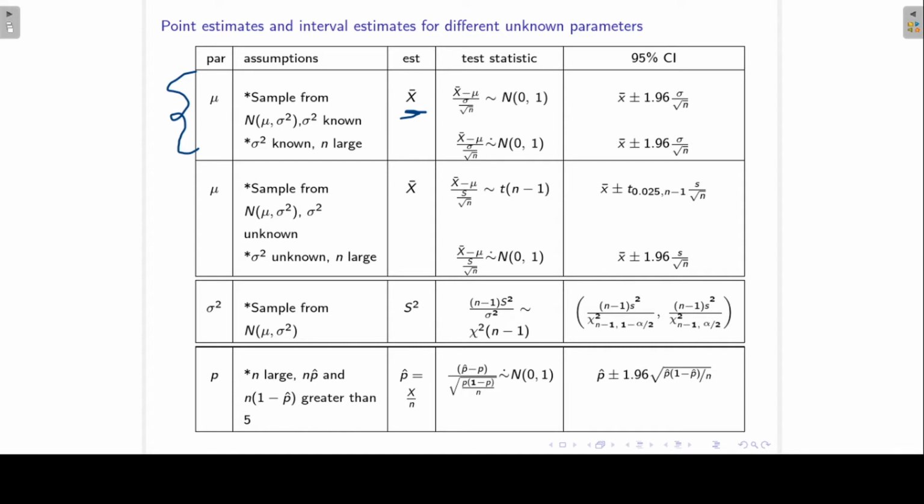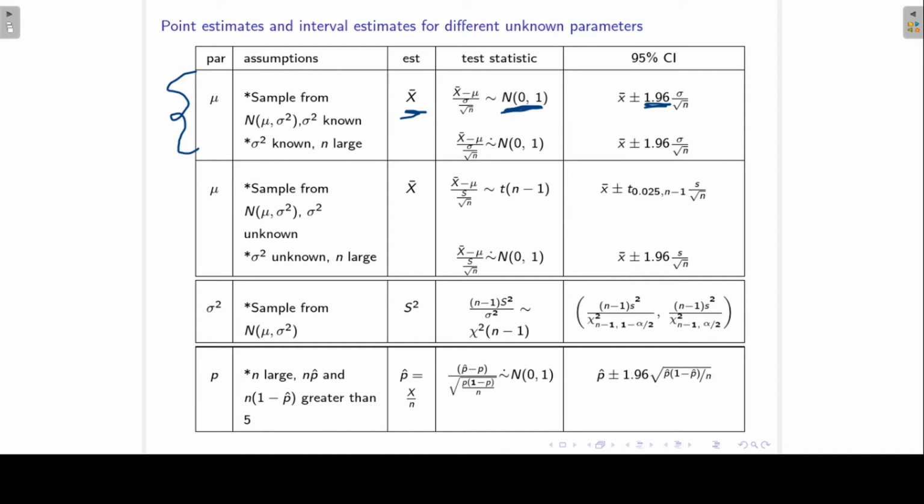Then my test statistic is x bar minus mu divided by sigma over square root n, and it follows a standard normal distribution. So to set up a 95% confidence interval, I have x bar plus or minus 1.96, and this 1.96 I get from my normal tables because my test statistic follows the standard normal distribution, and then I multiply it with the standard error sigma over square root n.